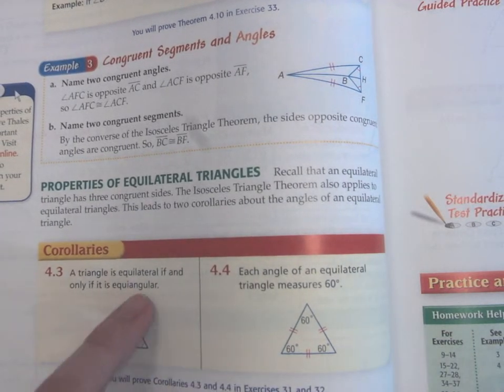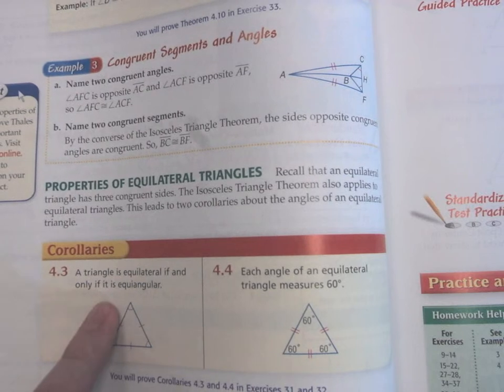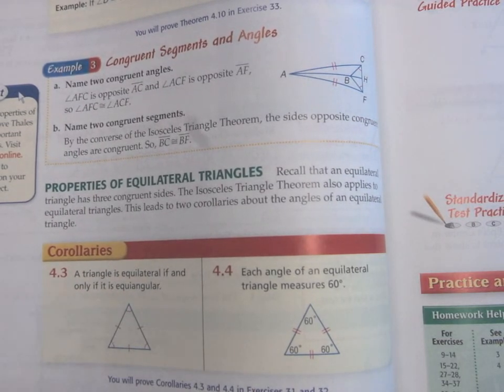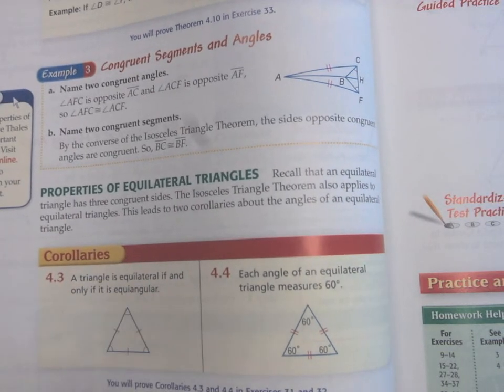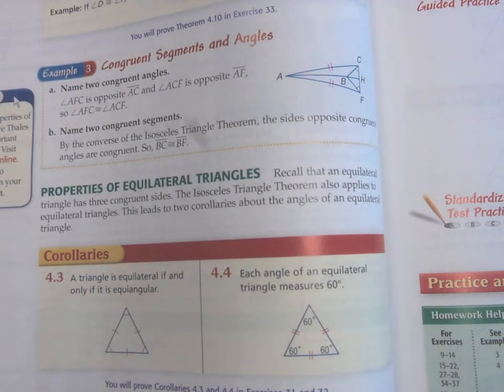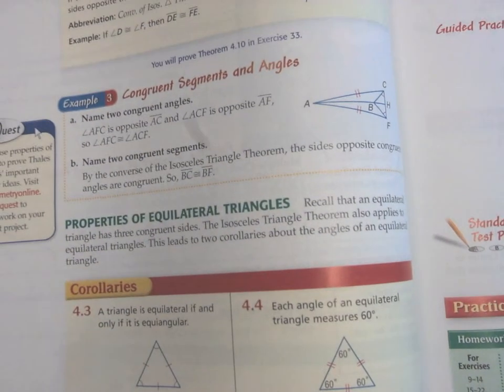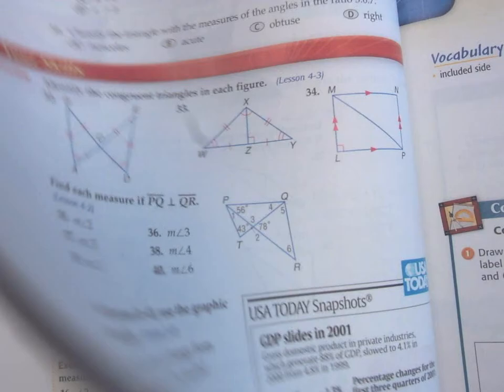And I wanted to talk a little bit about this language, if and only if. Okay? The if and only if basically means that it works both ways. When you see that if and only if, it means it's a biconditional statement. A biconditional statement is a statement that works both ways. So as a review, I put a page number on your assignment there.